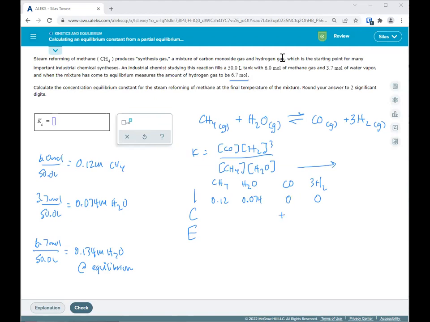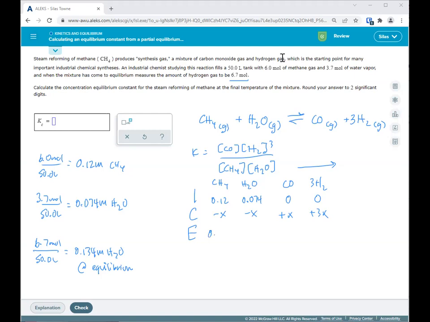So we're going to have a plus X and a plus 3X here. Now remember this, just like rates, this acquires X 3 times as fast as CO because there's a 3 in front of it. So you're getting 3 moles of H2 for every 1 mole of CO. So we're going to have that 3X. And we also have the cubed. So double effect there.